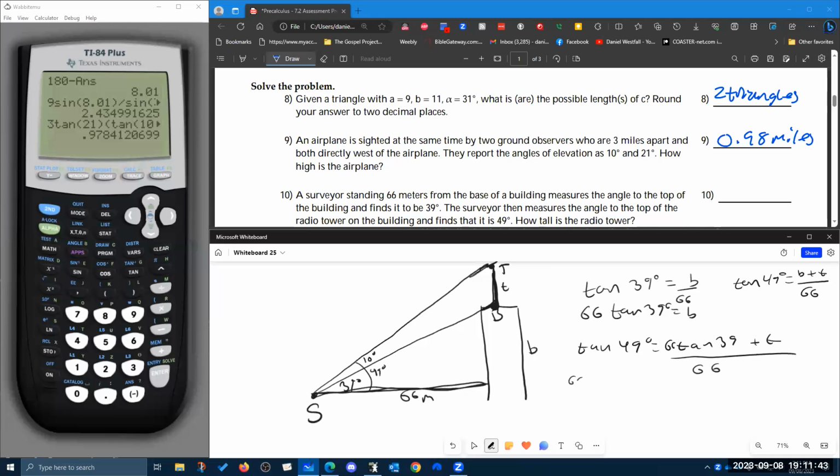So 66 tan 49 is equal to 66 tan 39 plus T, which makes T equal to 66 tan 49 minus 66 tan 39.